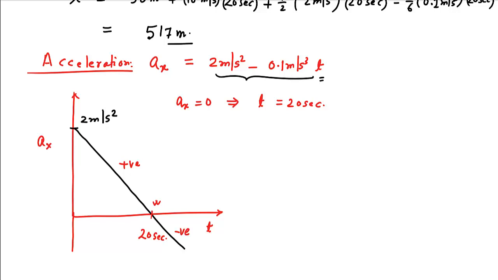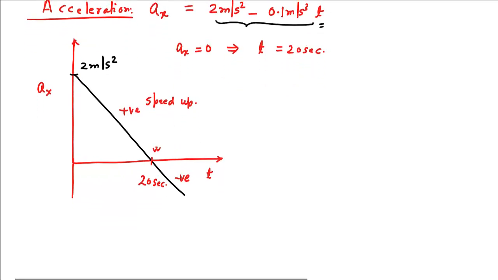This means before t equals 20 seconds, the car is speeding up. After this time, acceleration is negative, so the speed is decreasing. This is a slow down motion.